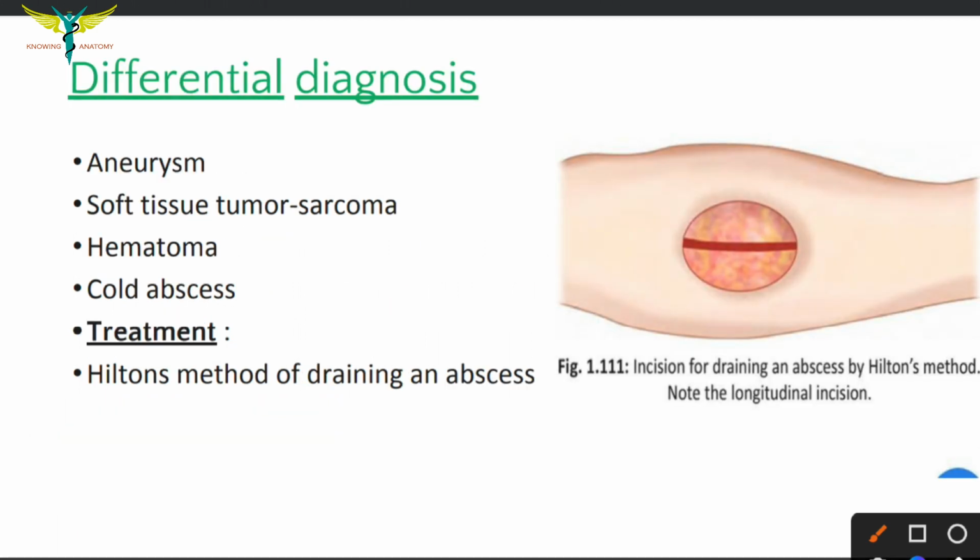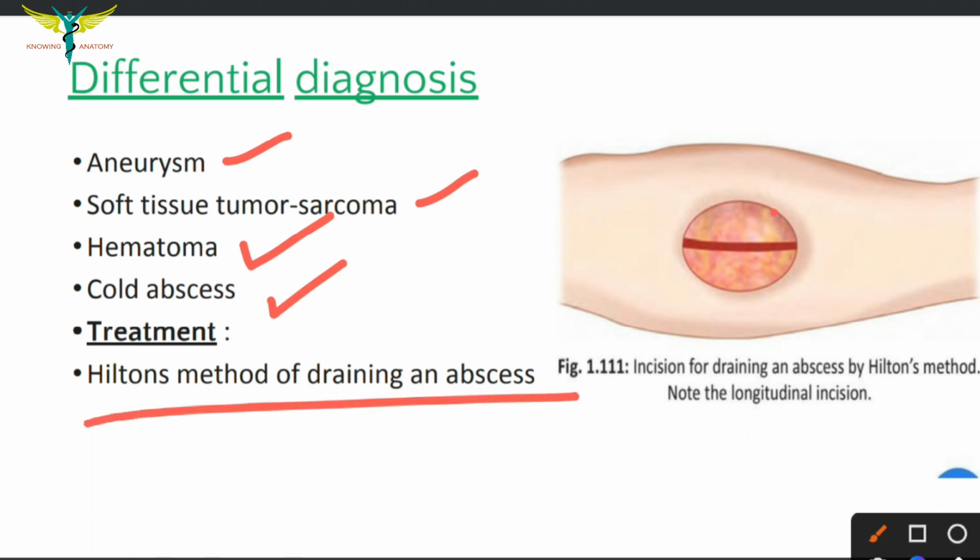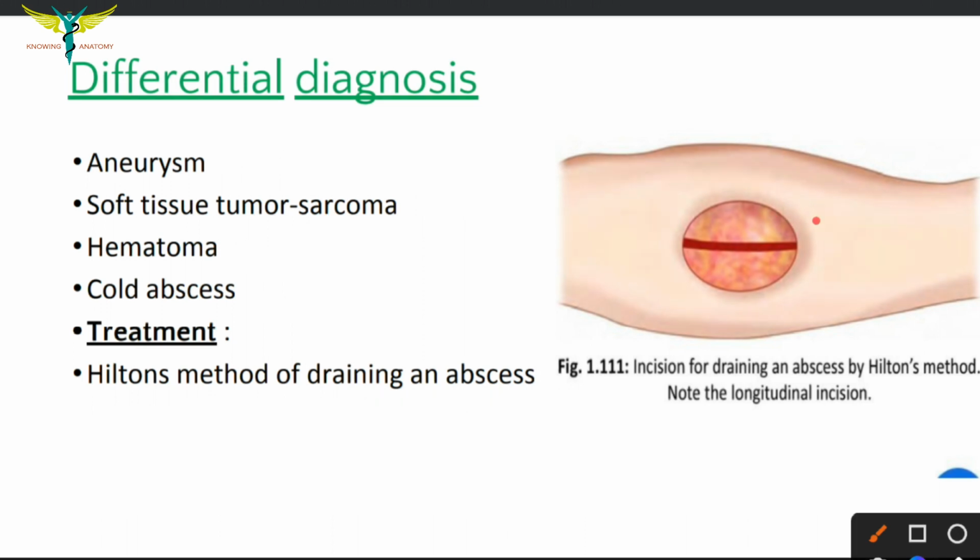The differential diagnosis is aneurysm, soft tissue tumor, hematoma and the cold abscess. The main treatment for pyogenic abscess is drainage by Hilton's method. In this method, a longitudinal incision is made along the most prominent area of the abscess. It is called Hilton's method.